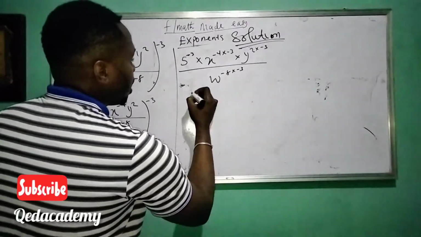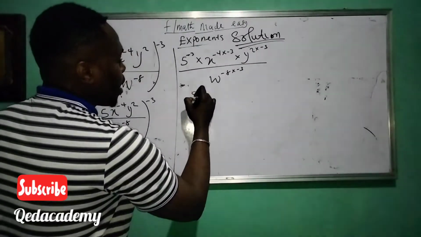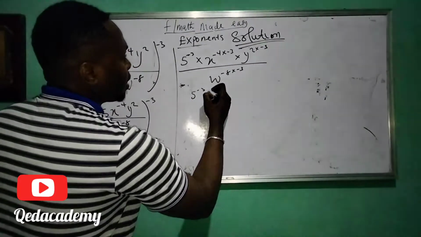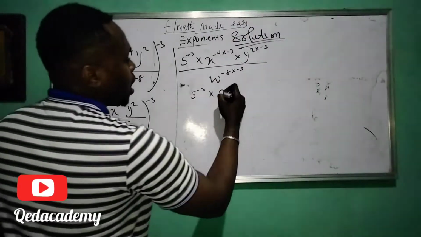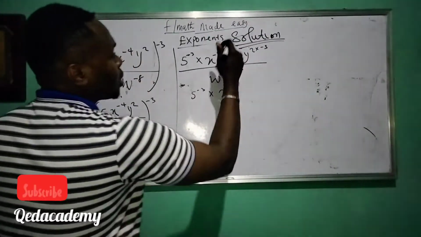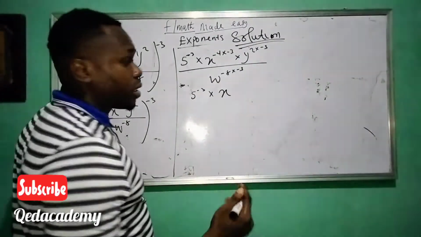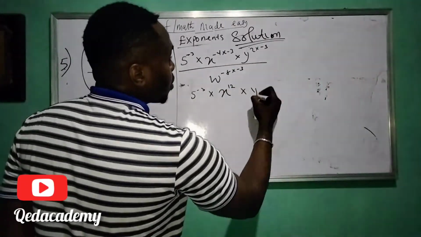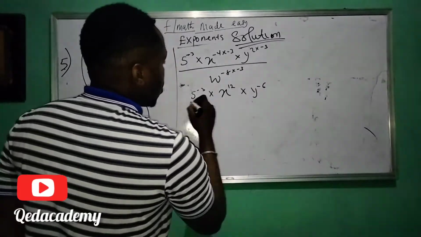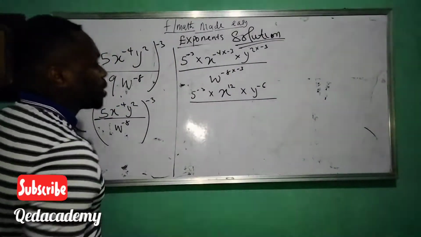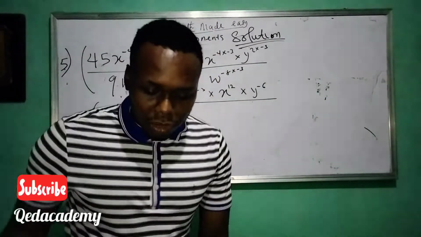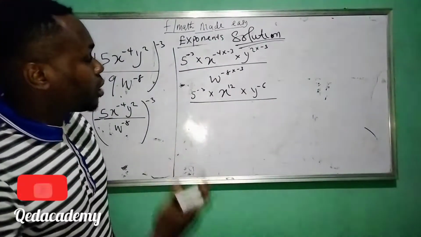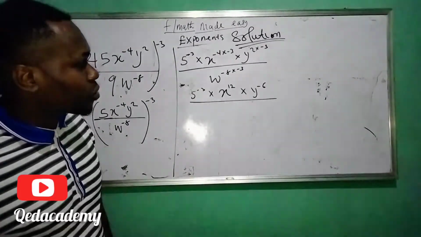So this becomes 5 raised to the power minus 3, times x raised to the power, minus 4 times minus 3, that becomes 12, right? Times y raised to the power minus 6. All over, this becomes 8 times 3, that should be 24.